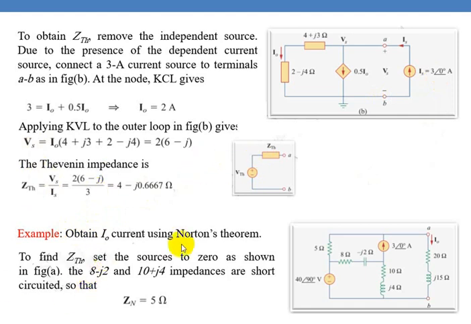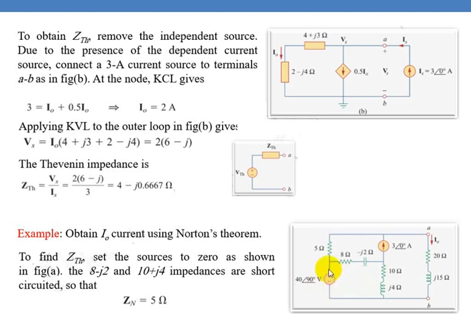Next, obtain I0 using Norton's theorem. So let us find out the Norton equivalent circuit. To find ZTH, you have to remove the source and create an open circuit here. First we have to remove the voltage source and create a short circuit.